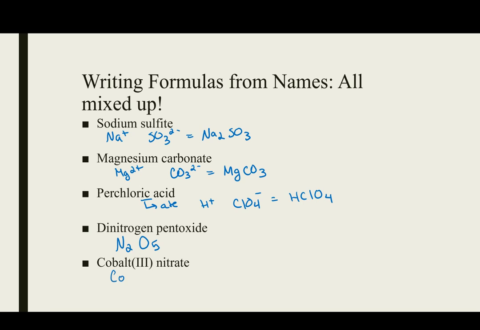So all that 3 tells me right now is that the charge of the cobalt is +3. Then we get my anion. Nitrate is a -1. So I will need 3 of the nitrate ion to balance out the charge of the cobalt ion. So it's in parentheses with a 3 on the outside.